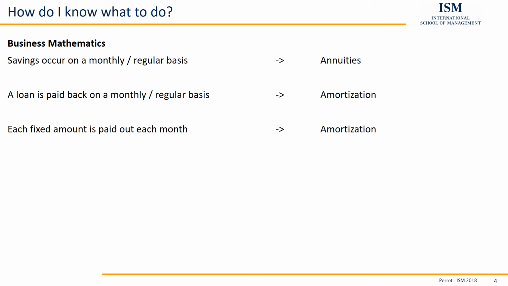Okay, but then there's a, let's call this third or fourth part, which is investment valuation. This always occurs if you have a number of options which need to be compared. In most of the cases, what you do is just calculate the net present values of each of the options, of the cash flows associated with these options, and then compare them.